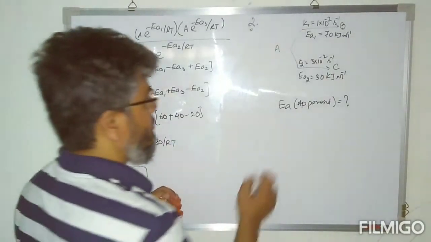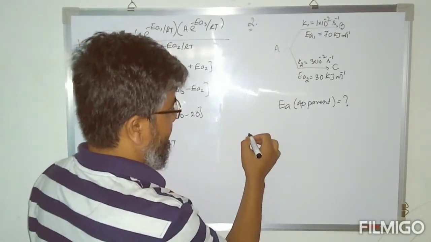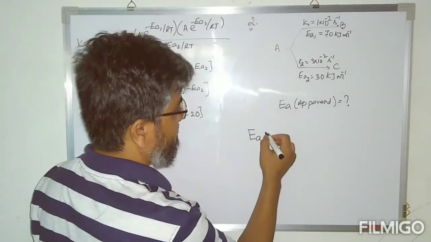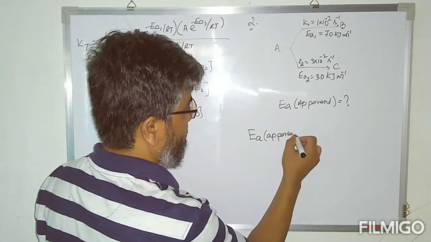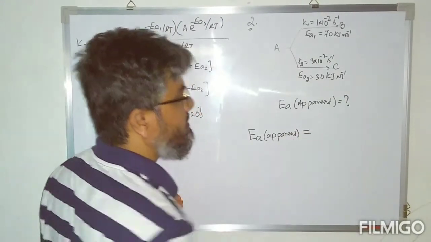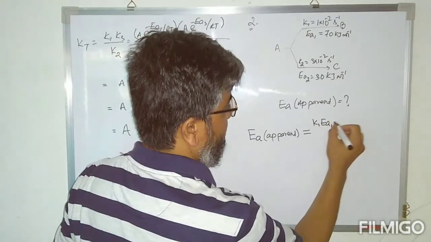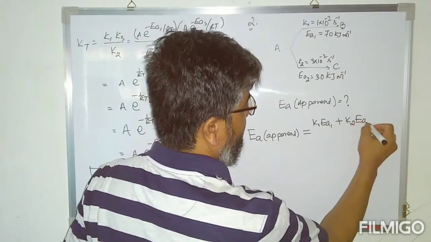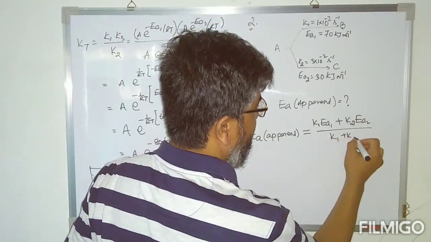For such a type of reaction, the apparent or total activation energy is defined as K1 E1 plus K2 E2 divided by K1 plus K2.